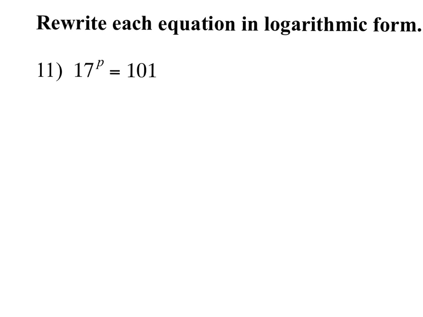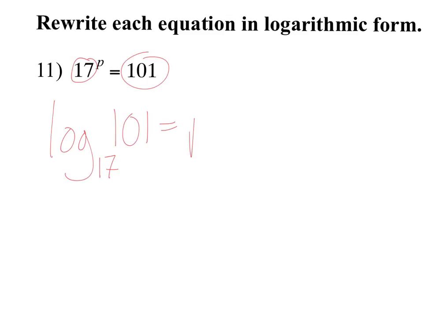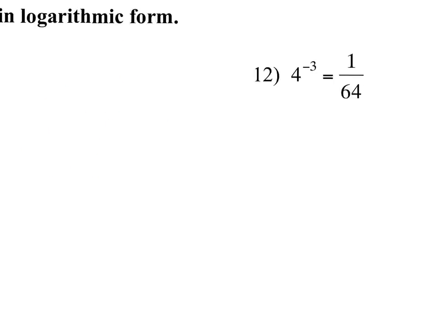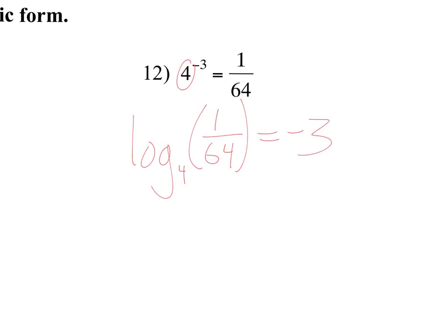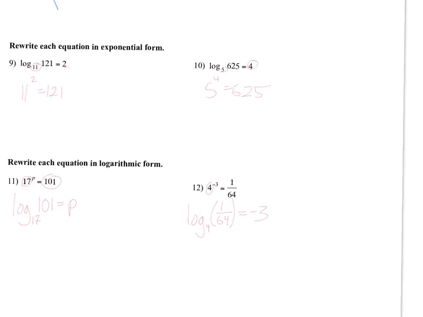Writing in terms of logarithmic form, here's my base, so log base 17 of 101 is equal to p. And log base 4 of 1 over 64 is equal to negative 3. Those are just rearranging based on the form that we know.